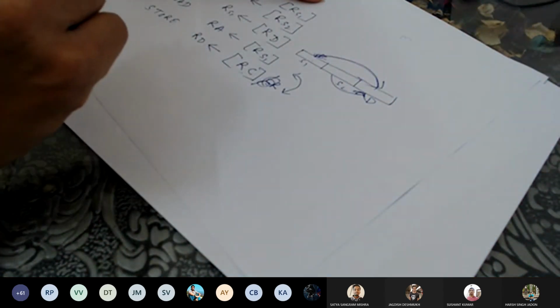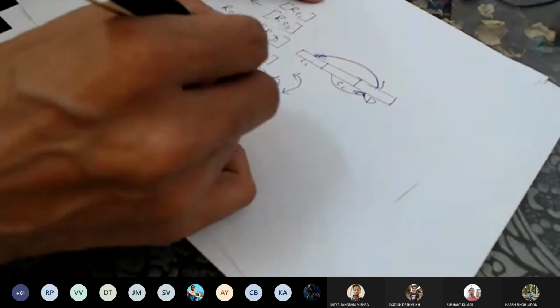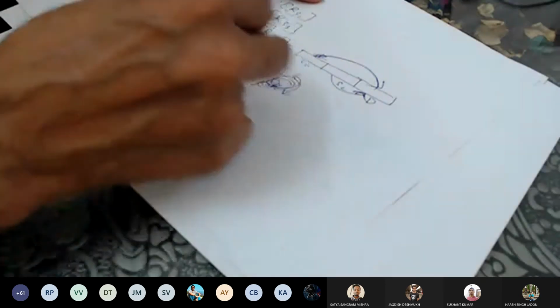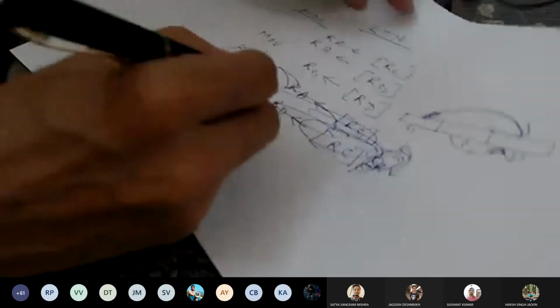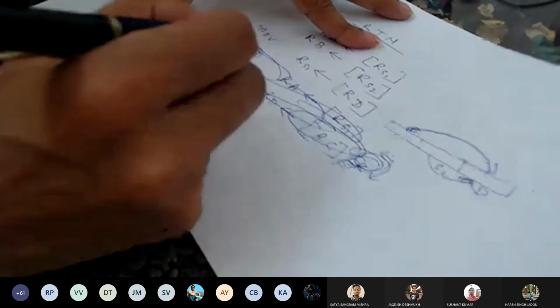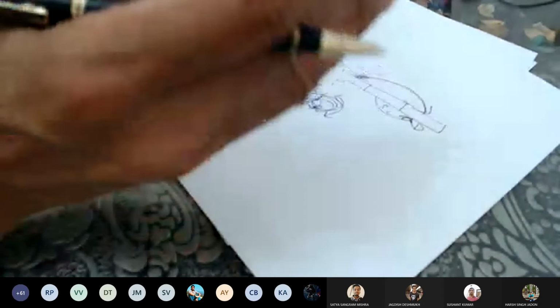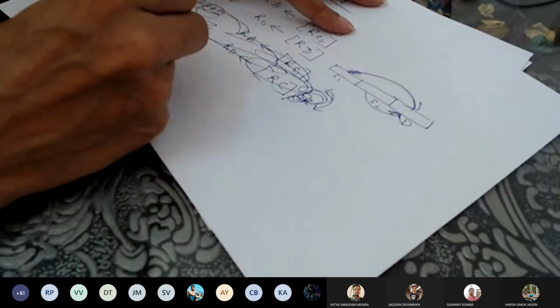It looks like the V line. Store is basically from register, but actually both lines are the same. Let me write it. You are right. I have done something wrong. Load is basically from memory to register. Okay. So what will happen in case of load?